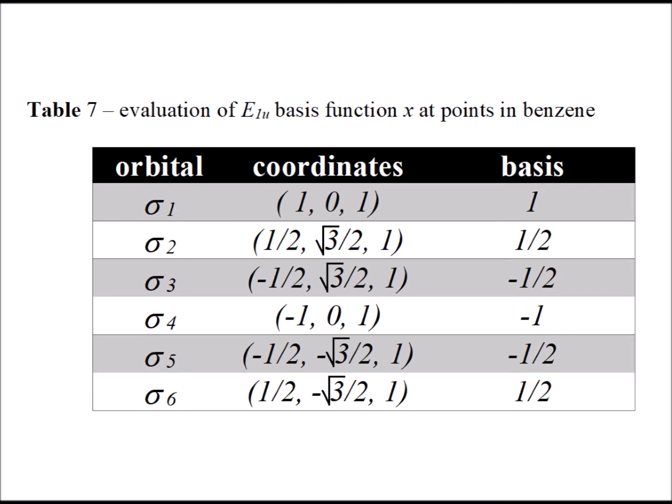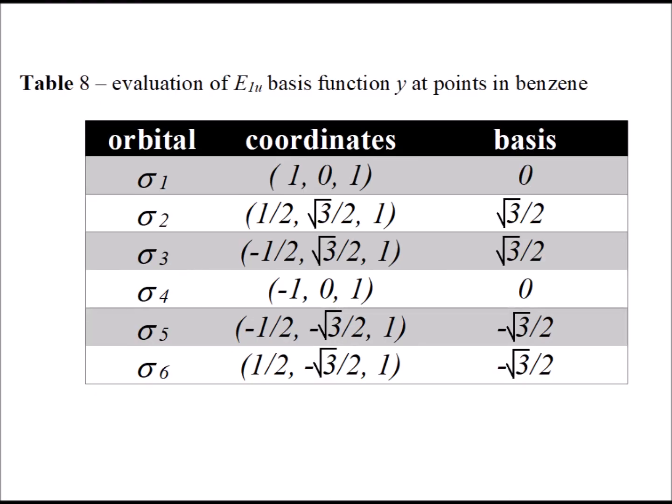In table 7, we evaluate the first of the E1u basis functions. So this is the basis function x. Again, we just write down the x coordinate for each of the positions, and that is the evaluation of the basis function at that particular point. We see that none of these are 0, so therefore E1u is definitely included in that permutation representation.